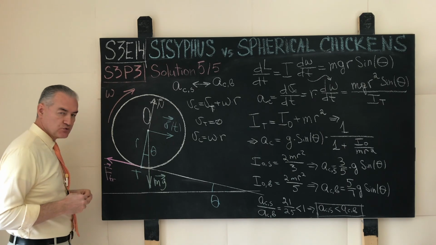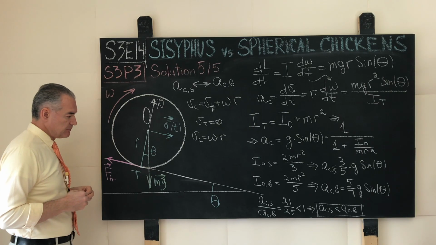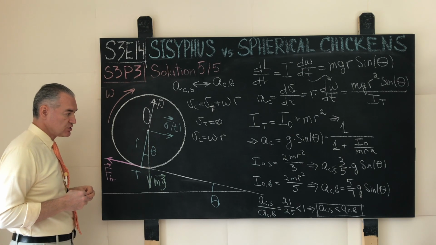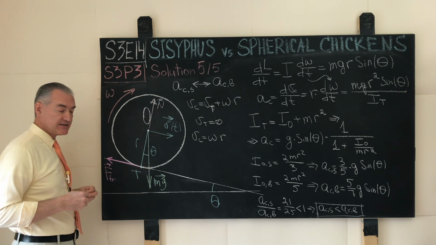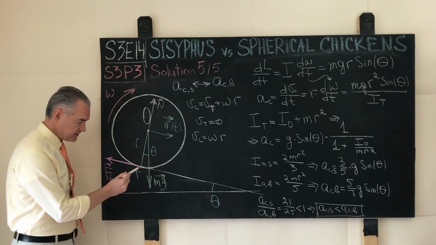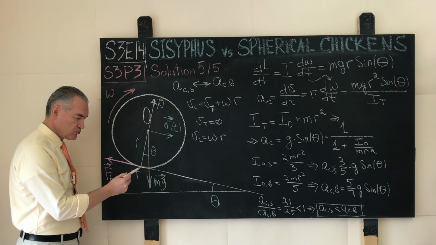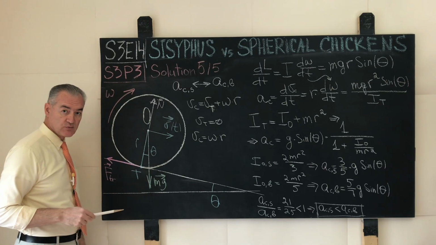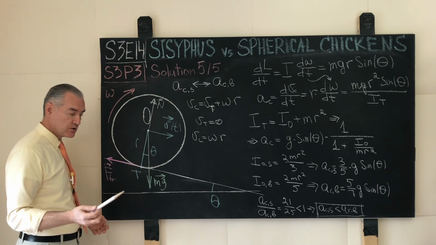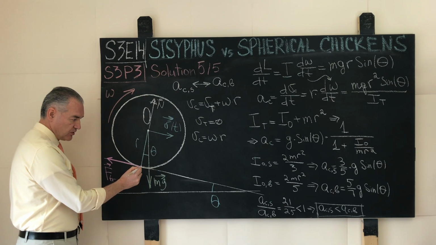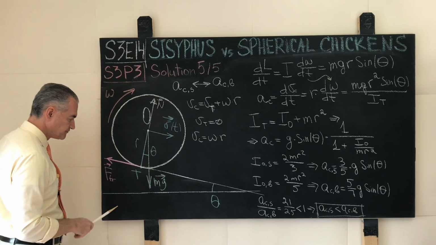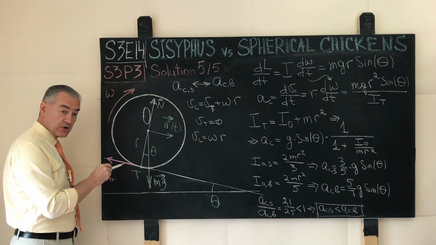The way I chose to solve this problem is based on the torque equation of rotational motion about an instantaneous axis. And this time, this instantaneous axis, we will take it that it passes through the point of tangency T, where our spherical chicken of uniform density that models either a sphere or a ball comes into contact with the inclined plane down which it's rolling without slipping, but with friction this time.